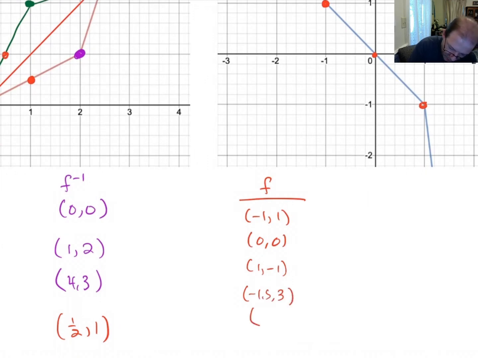Let's also do this point here. Each one of these little tick marks, there are 5 of them per number. So 1, 2, 3, 4, 5. So this would be 1.2. And it looks like the halfway point there is 1.1. And the y-coordinate is -2.